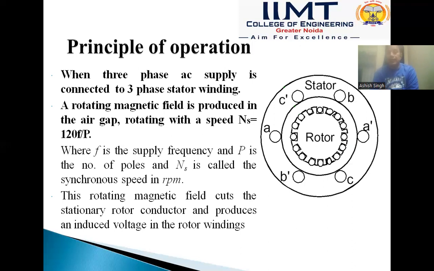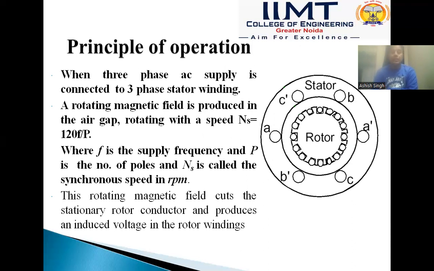This rotating magnetic field rotates in space with a speed that is called synchronous speed, denoted by Ns, and it is given by the formula Ns = 120f/P, where f is the supply frequency and P is the number of poles, and Ns is called synchronous speed and its unit is rpm.